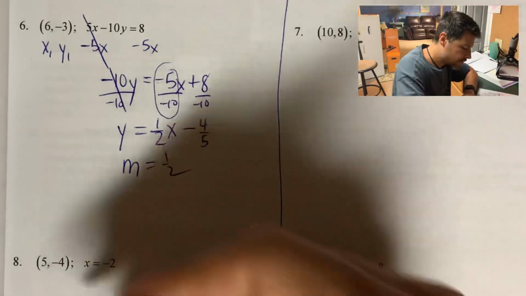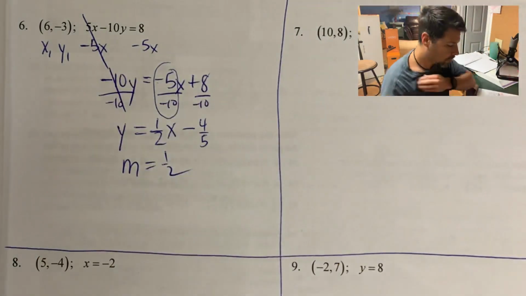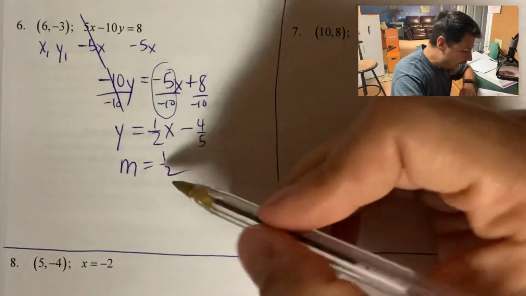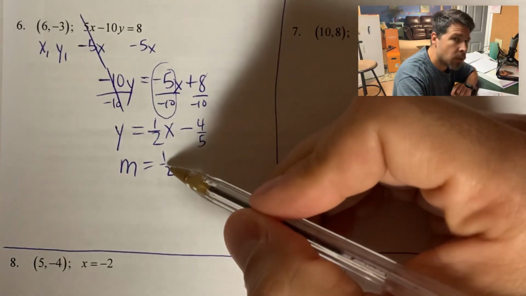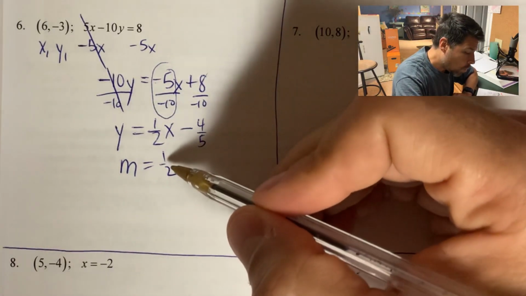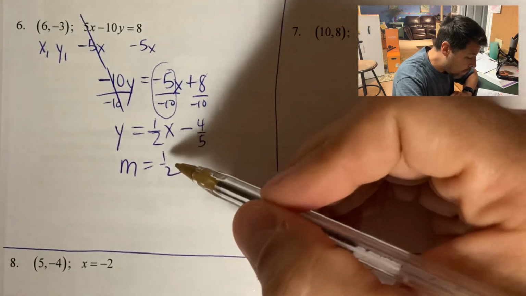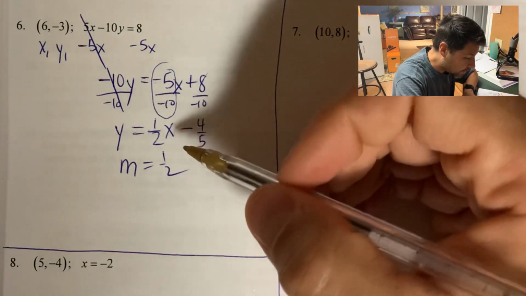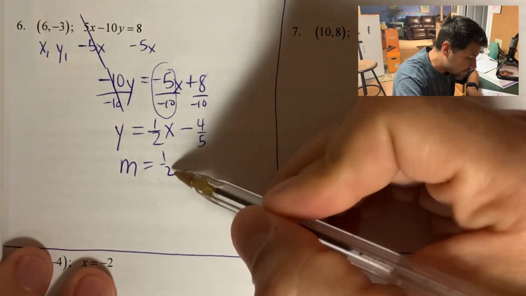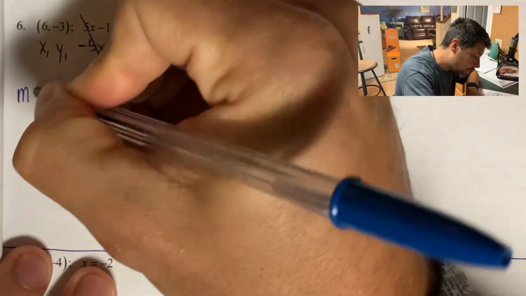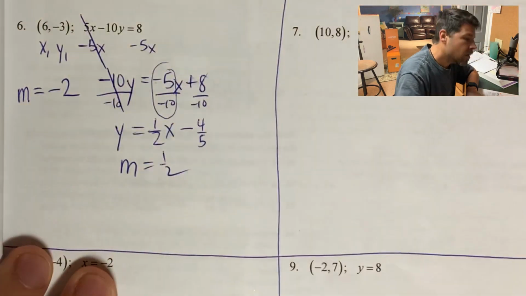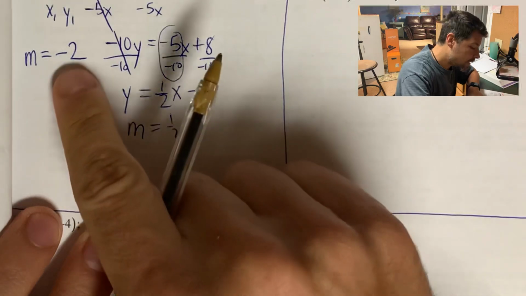Let me draw some lines just to separate my work here. So 1/2 is the slope of the line that we have. What is the slope of the line that we want? Well, opposite reciprocal. The opposite of 1/2 is negative 1/2, and the reciprocal of 1/2 is 2. So the slope of the line that we want is negative 2.